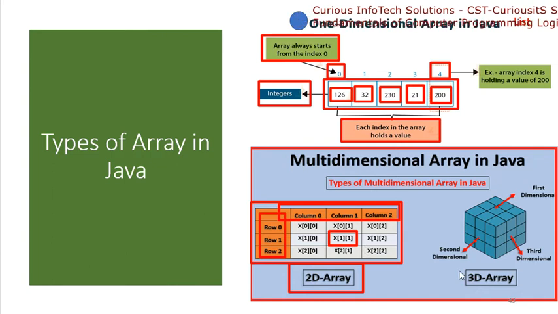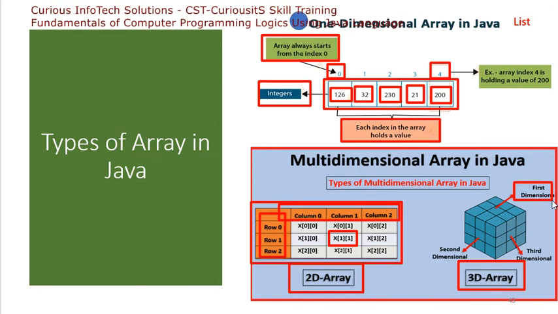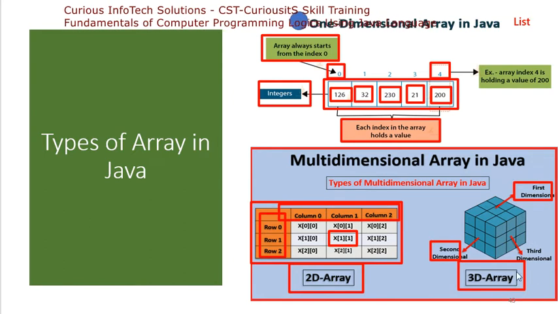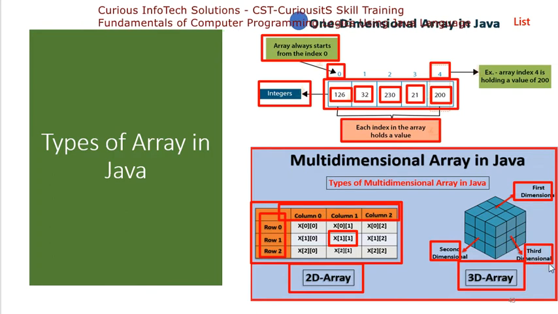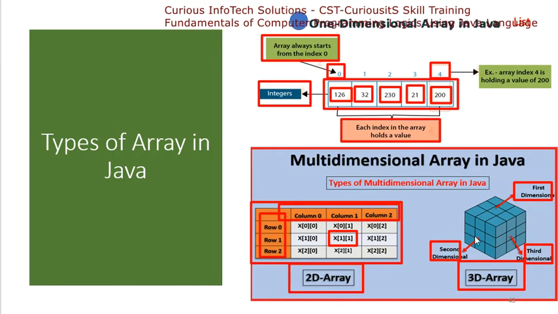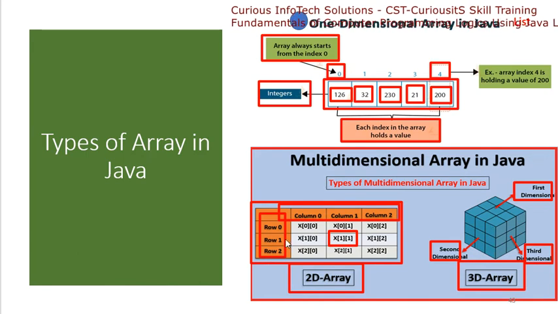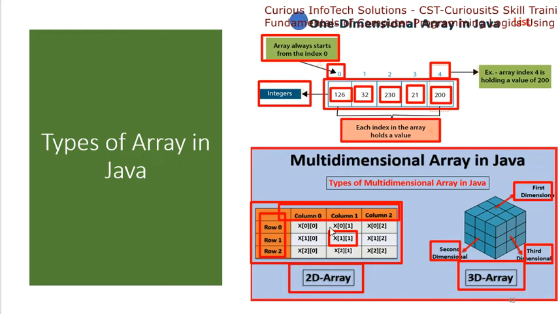Now similarly in the three-dimensional array, we have three dimensions: first dimension, then second dimension, then the third dimension. Okay, so here let I want to access any cell in this type. So how can we do this? Like this, here two indexes are there.